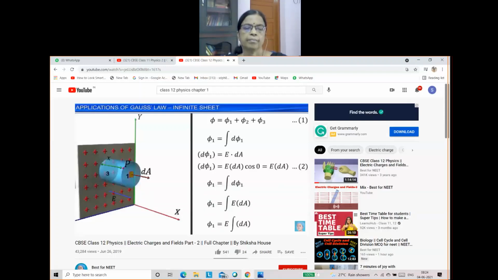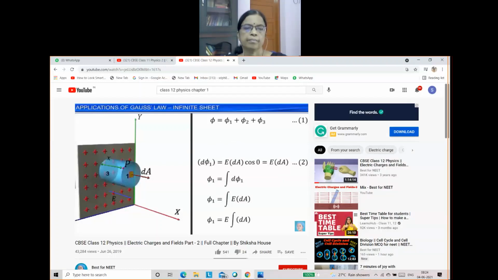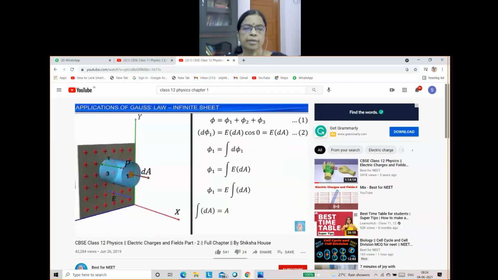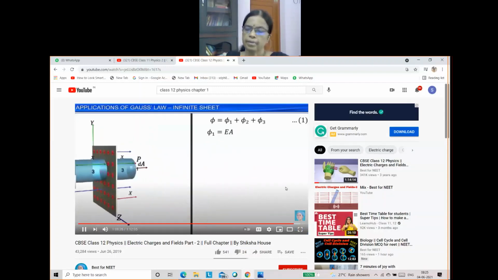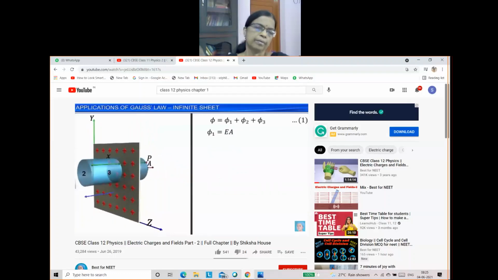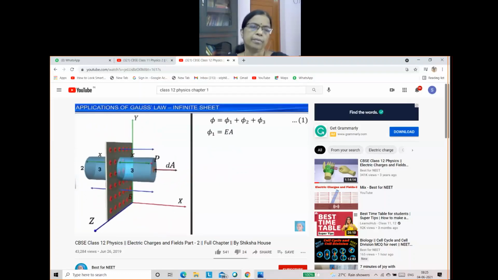Integral dA is equal to A, where A is the area of S1. Therefore, phi 1 is equal to EA. Since surface 2 is equivalent in all aspects to surface 1, the electric flux through surface 2, phi 2, is also equal to EA.